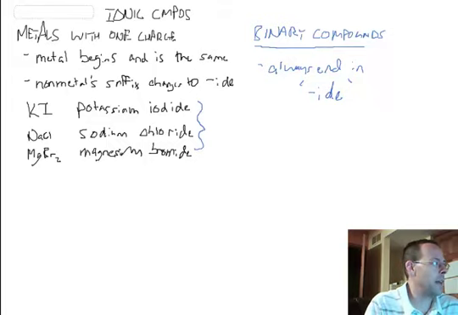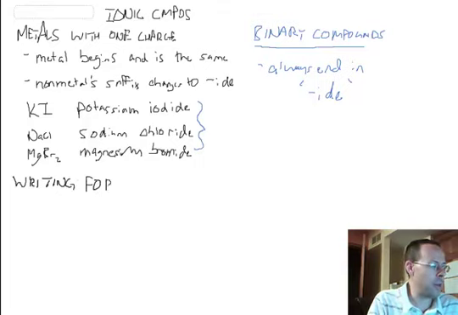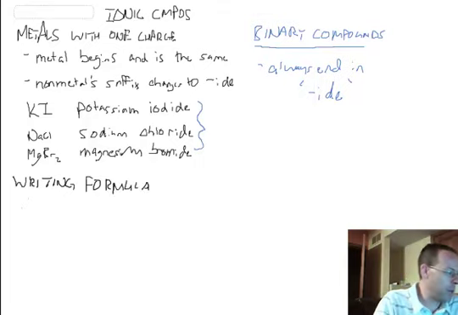All right, we're going to go back to black ink. The next thing we're going to do is writing formulas. The top section was really naming: if we have a formula, how do we name it? The opposite thing we can do is, maybe we have a name already on our page, and we need to write the formula for it. So let me come up with a couple of names real quick.